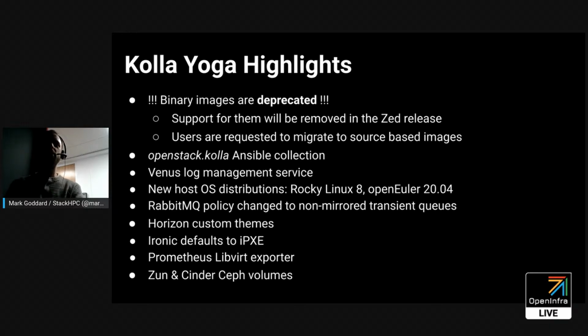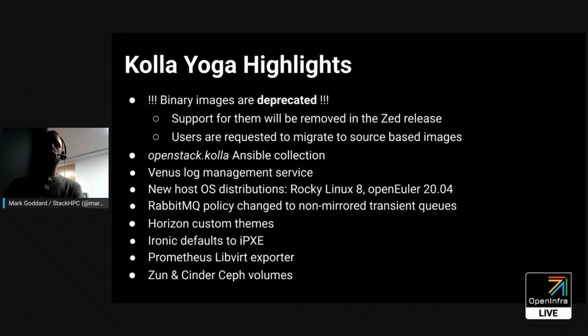So the first thing to mention is that the binary images that we produce are now deprecated. So we have two types of images: source images, which are built from tarballs or Git repository source code, and binary images, which are built from distribution packages, RPMs or DEBs.